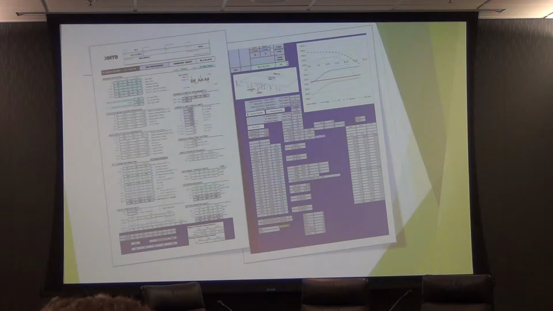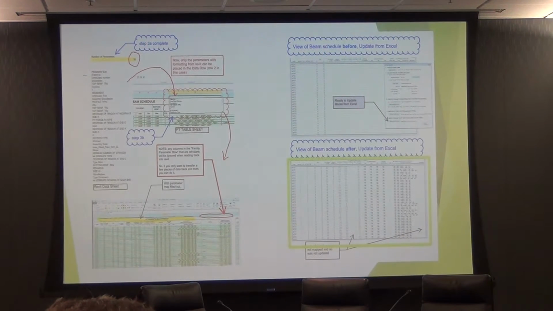So this is an example of the spreadsheets that we created. There's a lot of information in there in terms of calculations that are being done. And you don't need to get into all the stuff that's going on here.